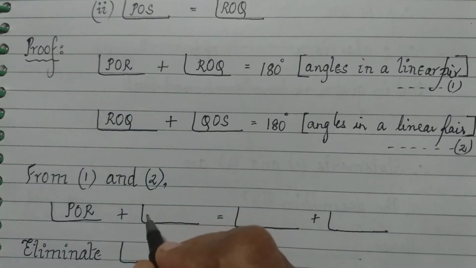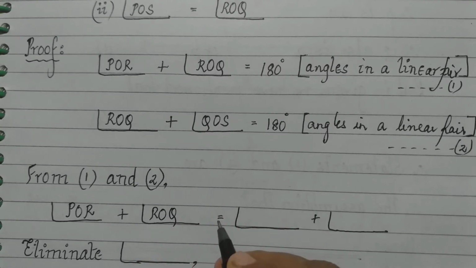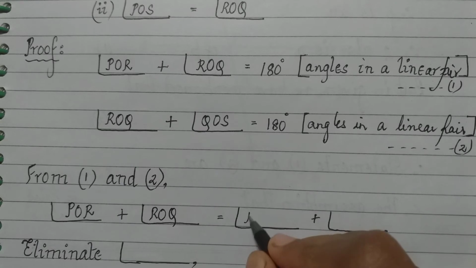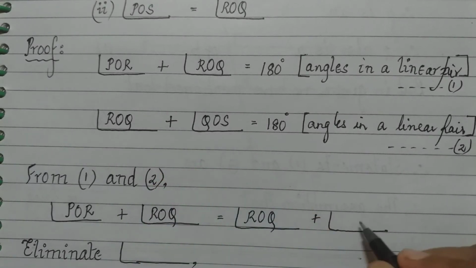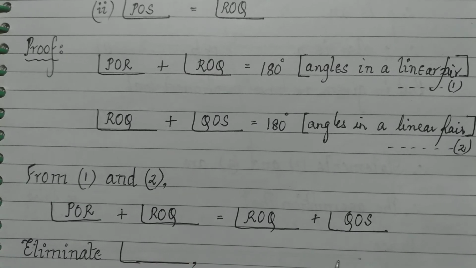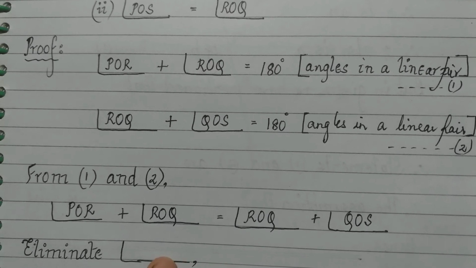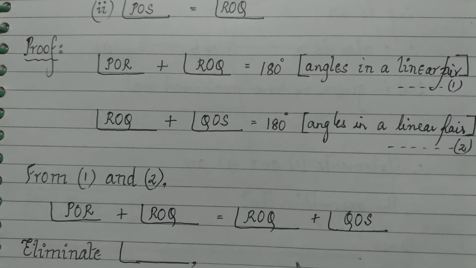So angle POR plus angle ROQ is equal to angle ROQ plus angle QOS. Now you see on both sides there is one angle which is common to both. Which angle is that? We have angle ROQ on one side, and on the other side also we have angle ROQ.